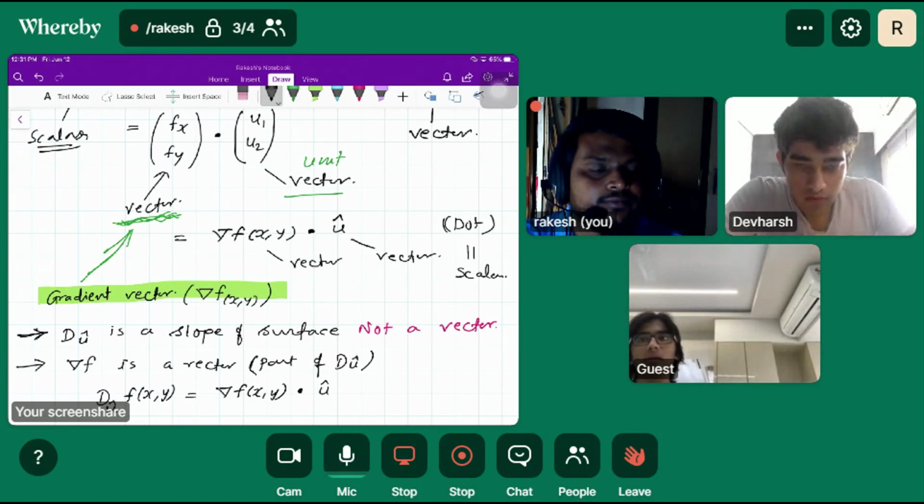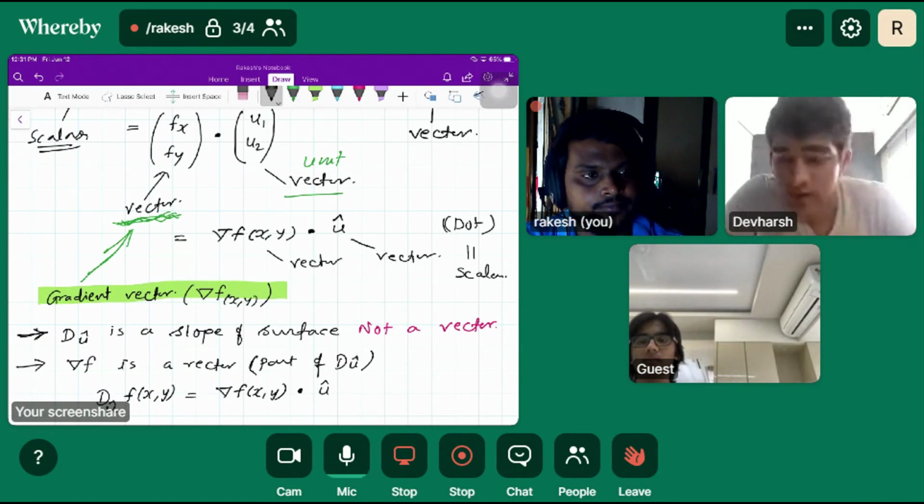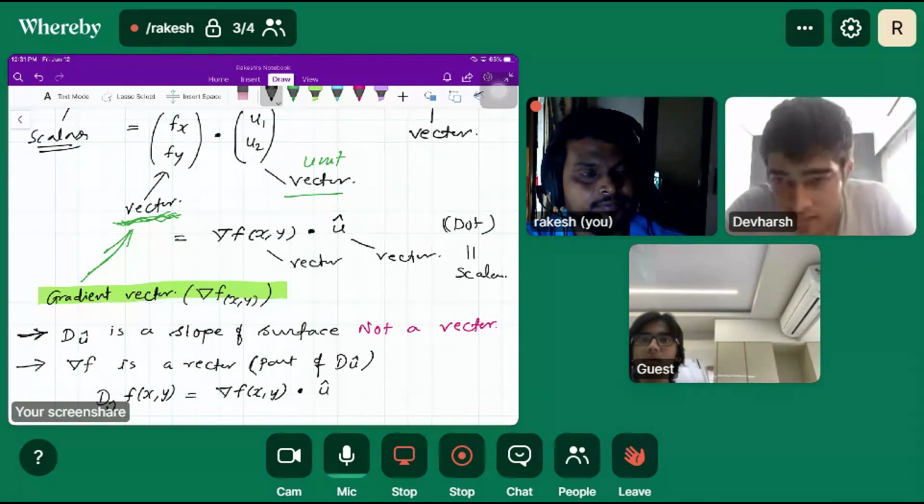That's why they show that symbol as an operator, the upside down triangle, and when the square of that is equal to 0, it follows Laplace.